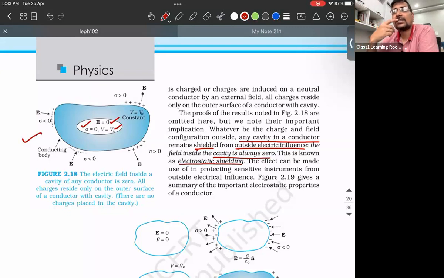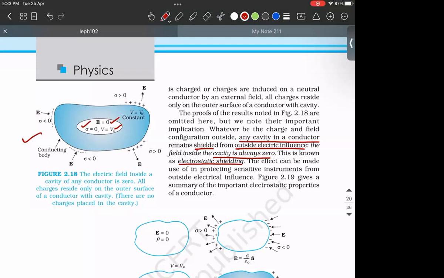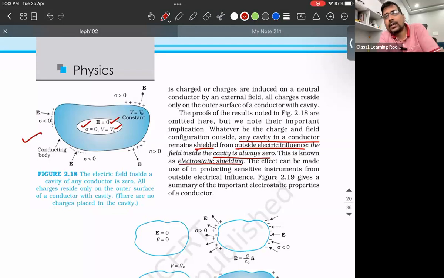Another example you can think of is, suppose there is heavy lightning or a thunderstorm occurring. You can ask the question: whenever there is heavy lightning, is it safe to stand under a tree or to sit inside a car? What do you think is the answer? You will be safe inside a car. Why?